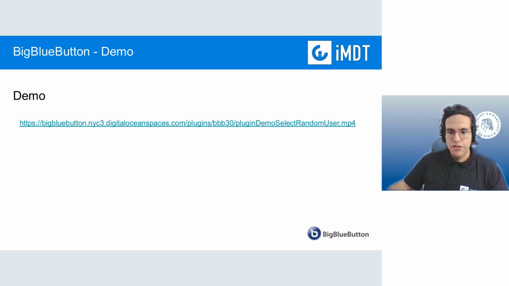Okay, so you can choose whether to skip moderators or not. You pick one and it's shown to all the other participants in the meeting who was picked. And we can pick again another one and it's shown right there.